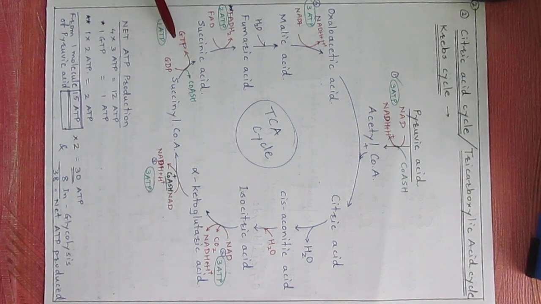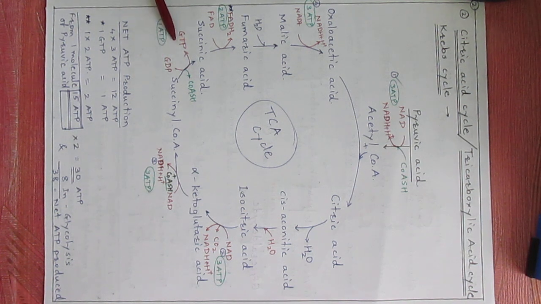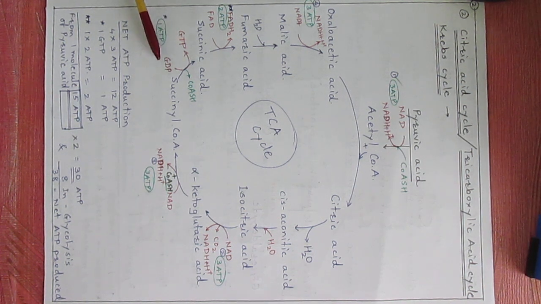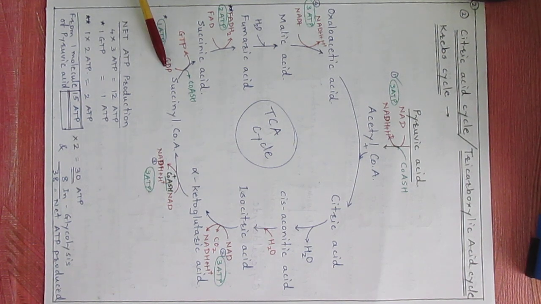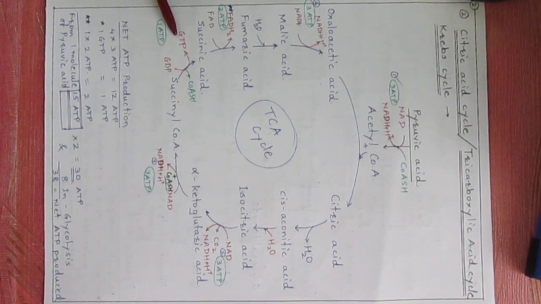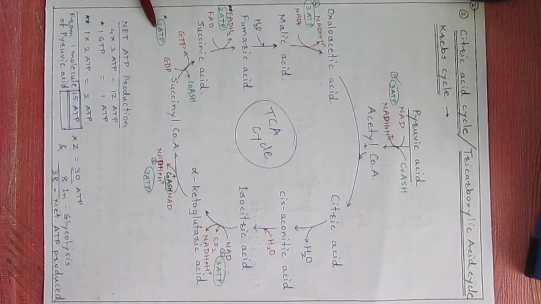So, there is the formation of GTP from GDP. That means a guanosine diphosphate molecule comes in contact with this succinyl coenzyme A. It gets one phosphate group from this, and there is formation of guanosine triphosphate. This is equivalent to 1 ATP molecule.